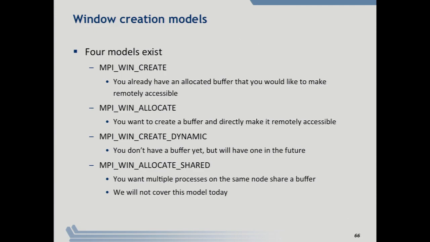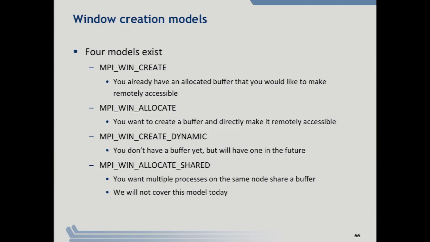So then there's MPI Win Create Dynamic. That's what you use if you don't have the buffer yet. MPI Win Create Dynamic is what you use if, for example, you're doing adaptive mesh refinement and you're dynamically creating grids. This is the one that would allow you to add a grid to a memory window.